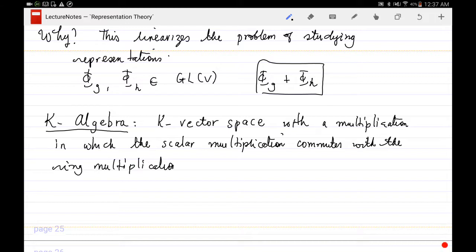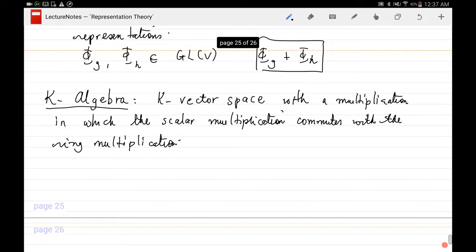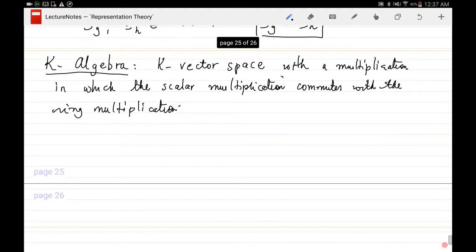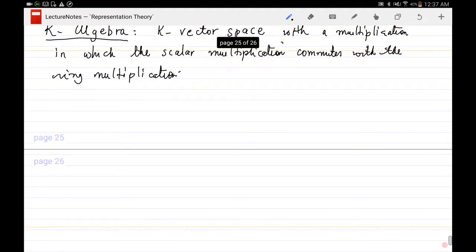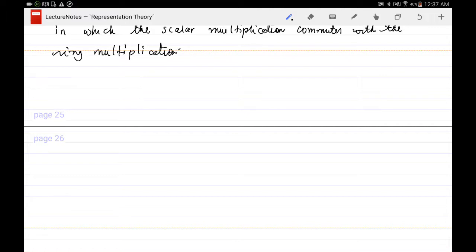Okay, so I just think of it as just a vector space in which I can not only add, but I can also multiply things. So there's a rule that tells me how to multiply things, and whether I multiply the elements of my vector space or I first multiply them by scalars, it doesn't really matter because they commute.